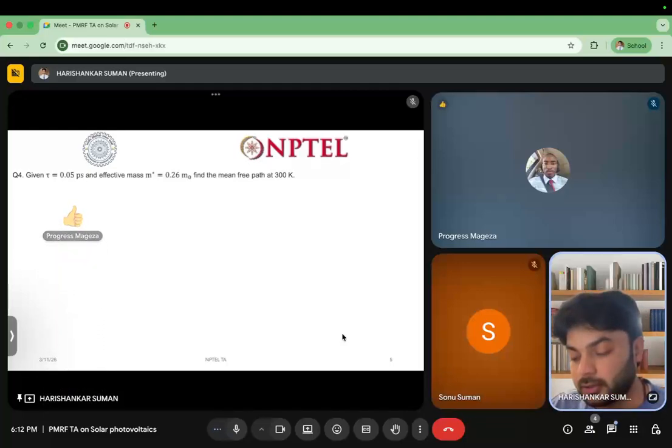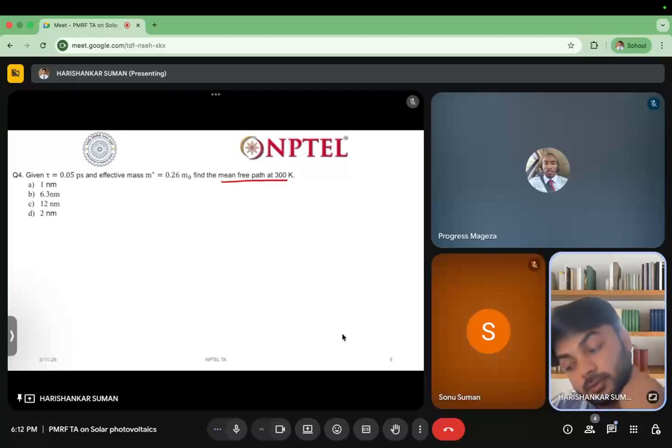You are given tau of 0.05 picosecond, and the effective mass of the electron is also given, where m naught is the electron mass. Find the mean free path at room temperature, 300 Kelvin. You have these options: 1, 2, 12, 6.3 nanometer.